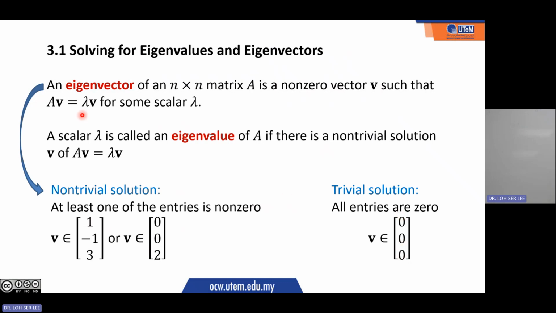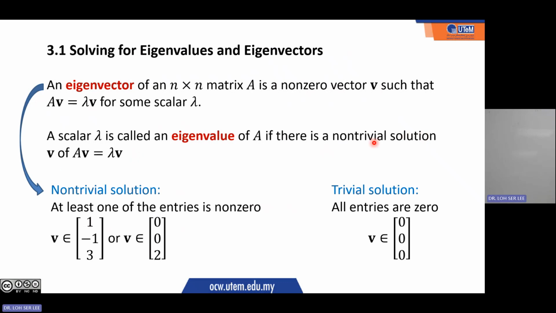The relation between the matrix, the eigenvector, and the eigenvalue is given by Av = λv. This λ is called an eigenvalue, if there is a non-trivial solution v.